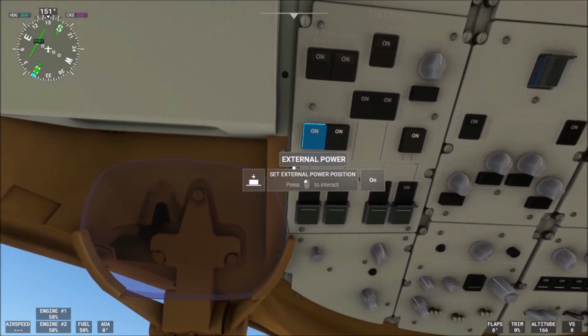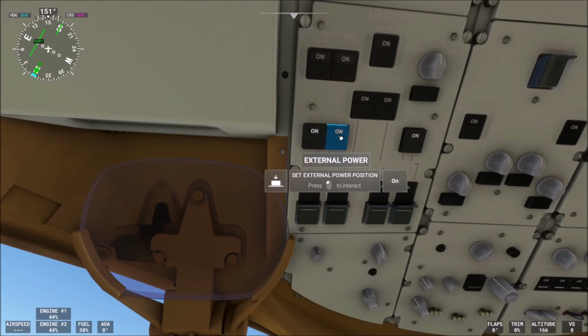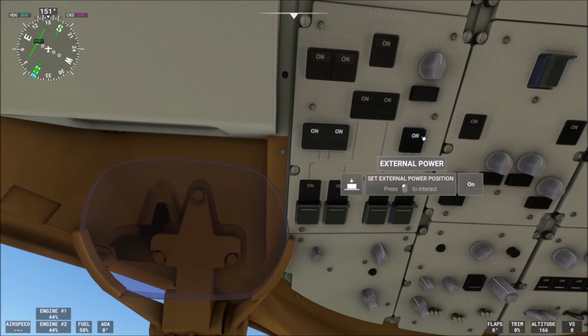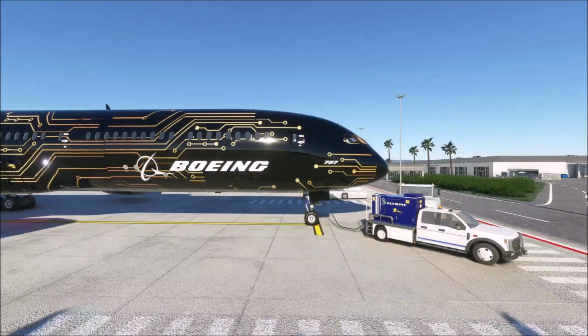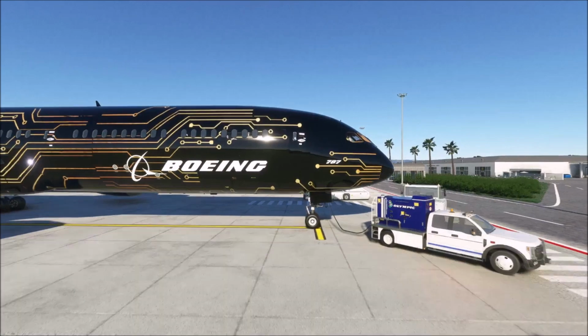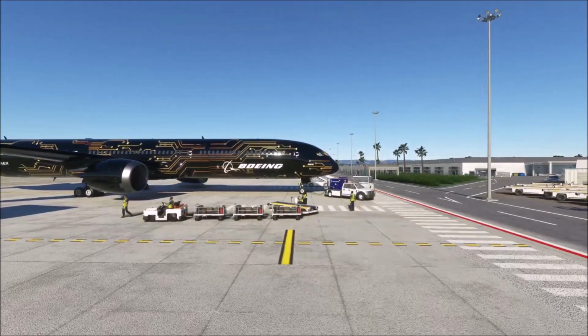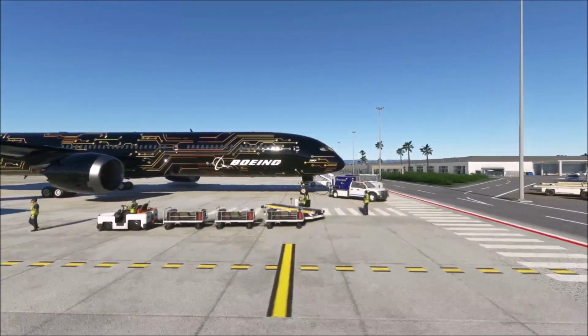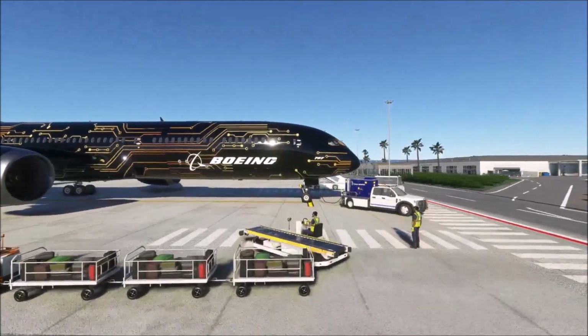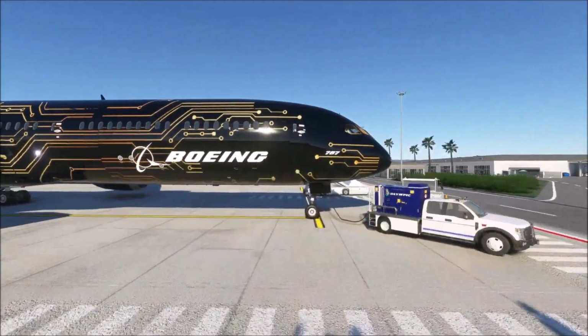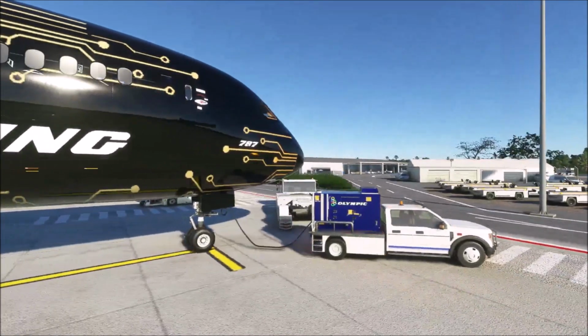It is this. In order to activate the external power, there must be this vehicle here, exactly here. This vehicle provides the airplane with additional electrical power before the engines have started.